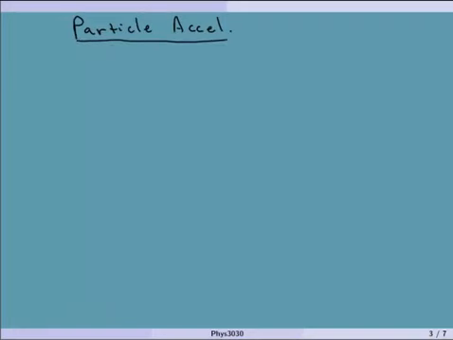And particle accelerators, obviously, hopefully the name implies that you accelerate particles to huge speeds, and you do that by using a changing electric field, or electric field and magnetic field, okay, to pull particles around, okay?